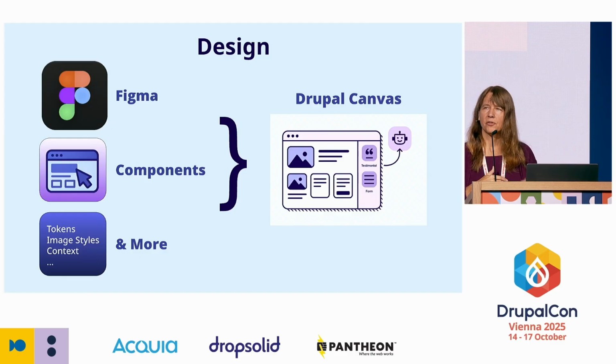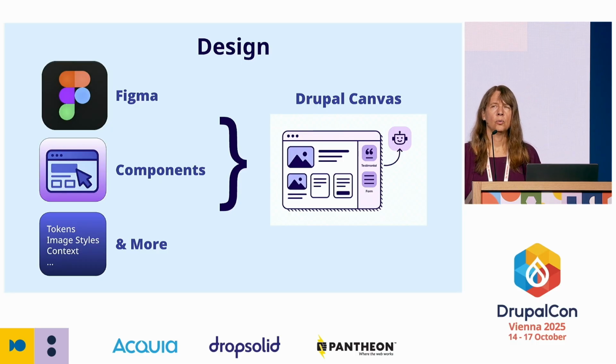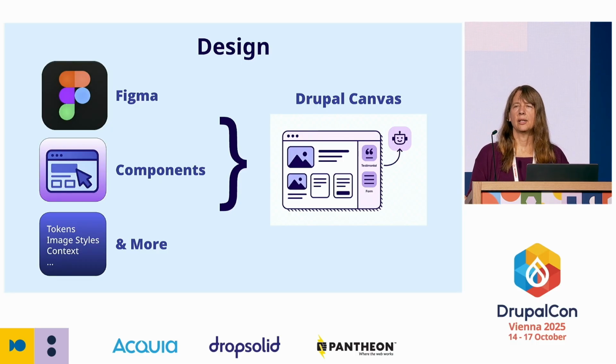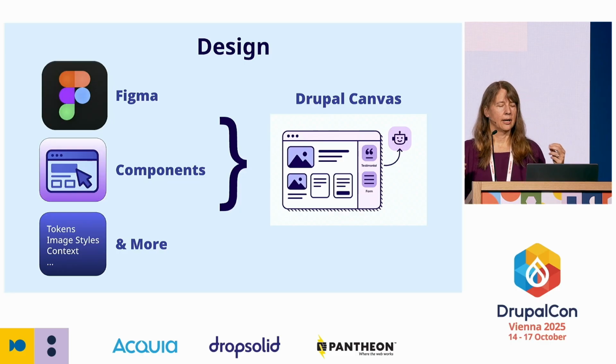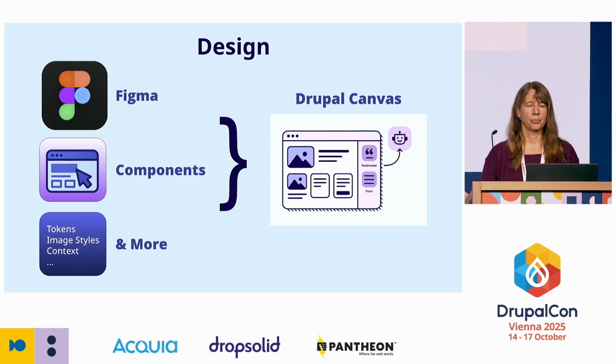So if you've seen the Dries note and maybe seen some talks about Mercury, that's a way you can start if you don't have your own design system. Also, what was announced in the Dries note is that there's a number of companies, Salsa Digital is one, that are going to make some site templates, and those need to have a design system that works with Canvas as part of the site template.